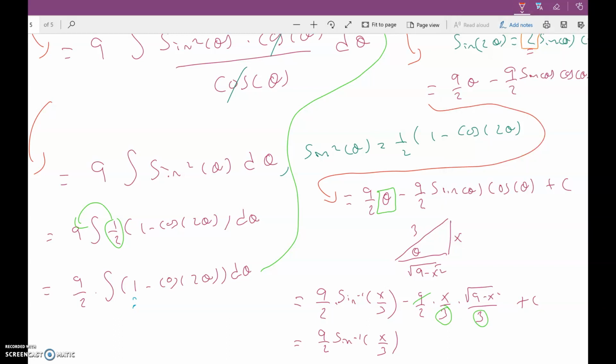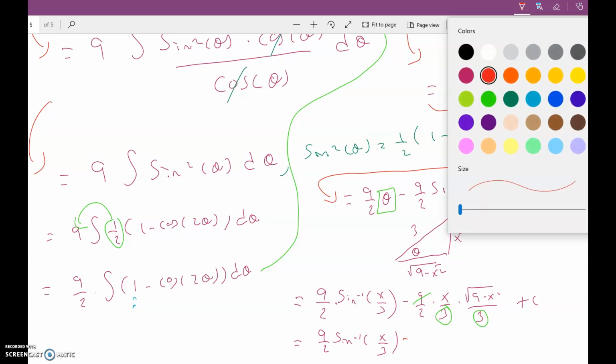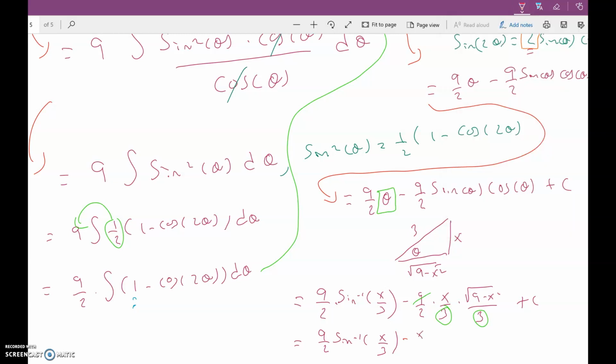So we're looking at minus x over 2, so x divided by 2 times the square root of 9 minus x squared, plus the constant c.